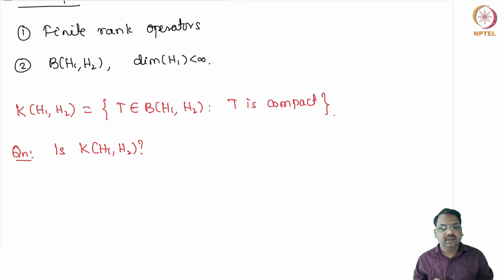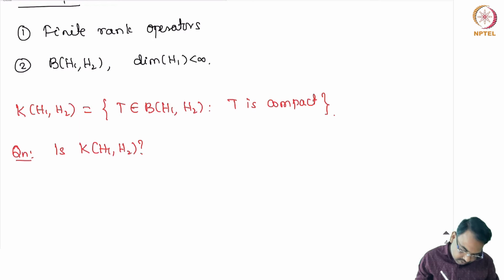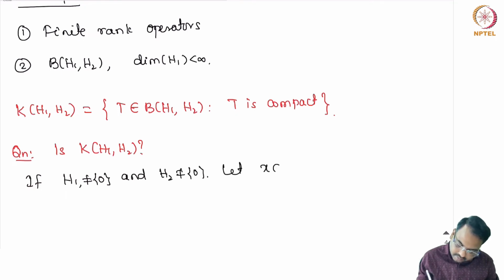If H1 and H2 are non-zero, we can always find one. So if H1 is non-zero and H2 is also non-zero, let us take x in H1 and y in H2.